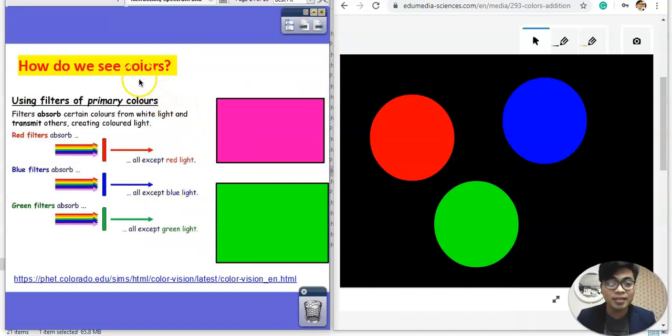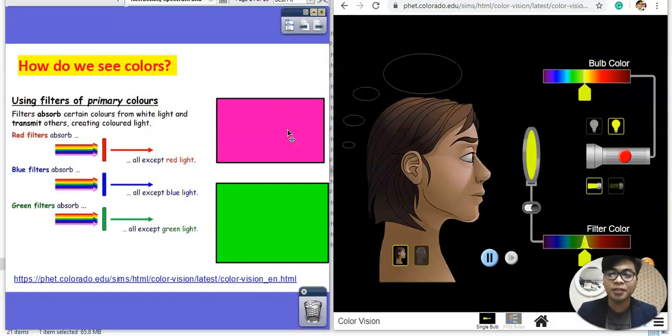So how do we see colors? To answer that question, let's take a look at this experiment. We are using filters of primary colors, red, blue, and green, but we can use a variety of colors, not just the primary colors.